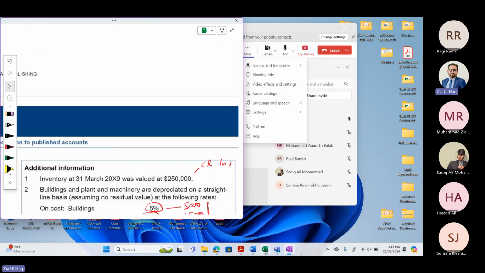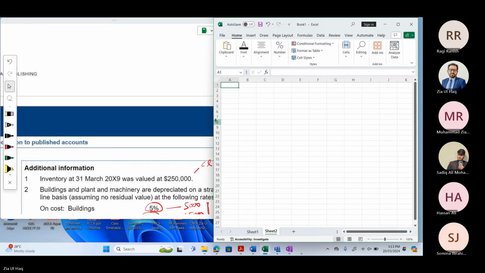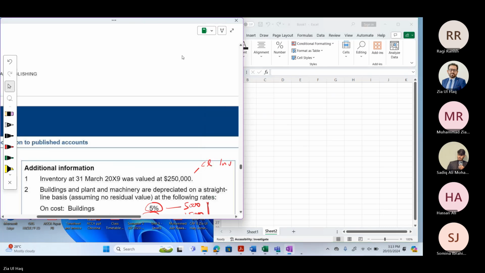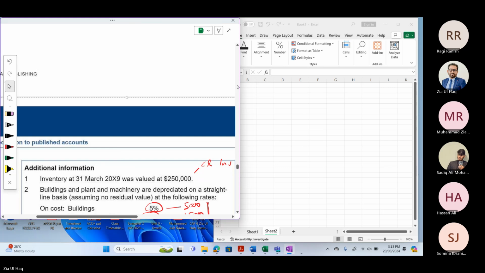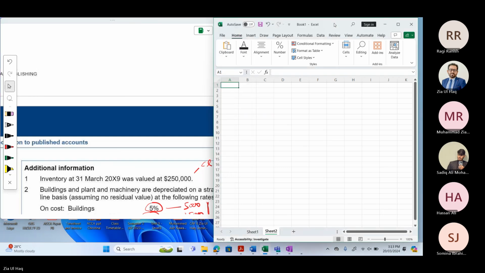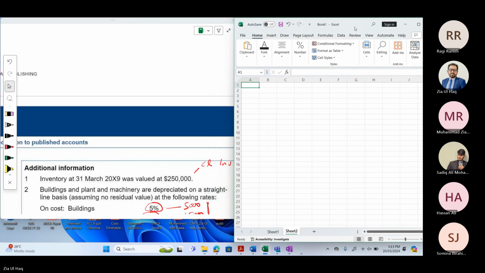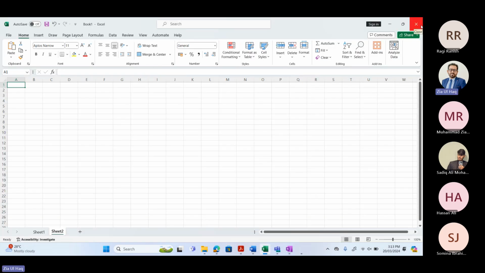So here I'm going to open an Excel sheet for you. Okay, so this is the Excel sheet.